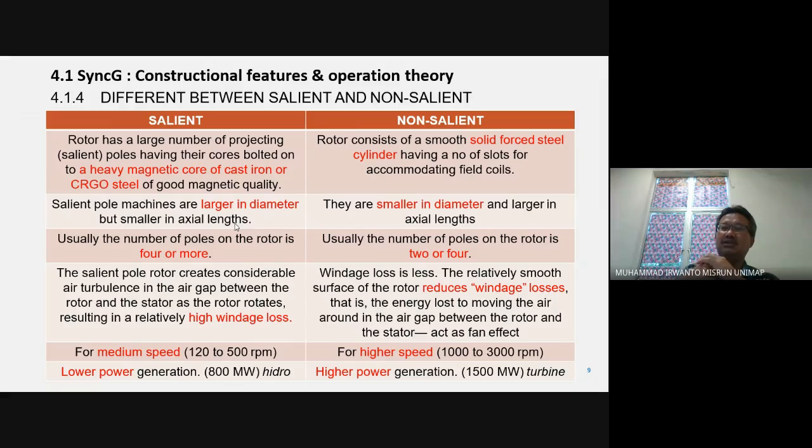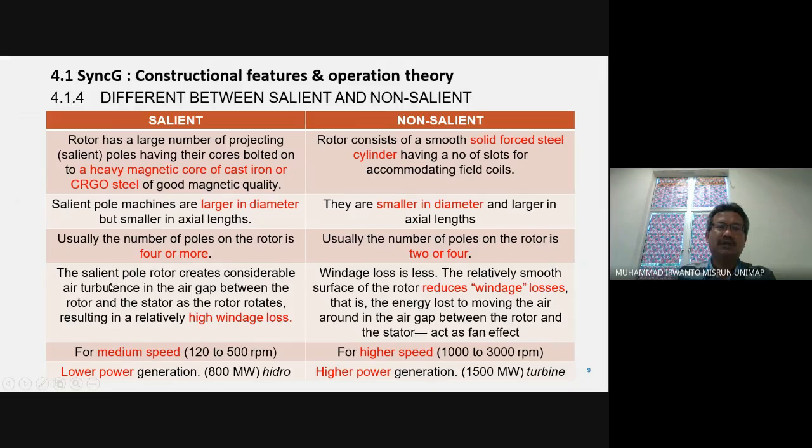For the non-salient rotor generator, they are smaller in diameter but longer in length. And then for the salient, usually the number of poles on the rotor is 4 or more, and for the non-salient the number of poles is 2 or 4.